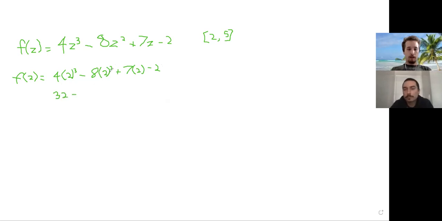Minus 8 times, well, 2 squared is 4, that's also 32. 7 times 2 is 14. And so 32 minus 32 cancels, and you get 14 minus 2, which is 12. So 12 is equal to f of 2. So we have our first endpoint on our interval. We need to find the other endpoint.